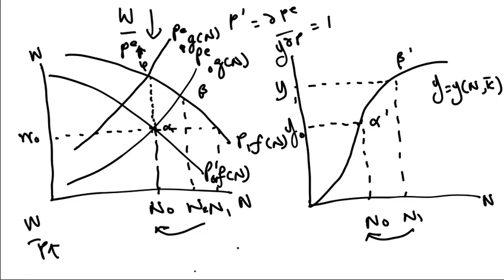You can see employment stays the same at N0, so no change. Output stays the same at Y0. Nevertheless, we can see that nominal wage increases. We can also see that price increases, but no change in interest rate because LM shifts back to its original location.